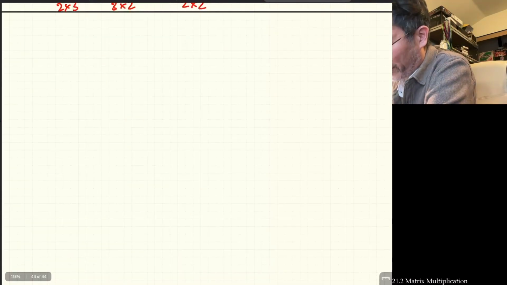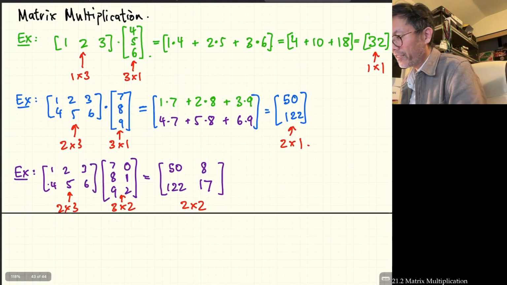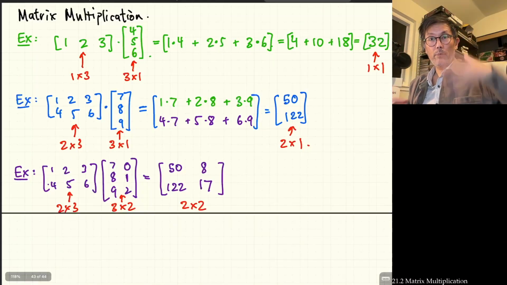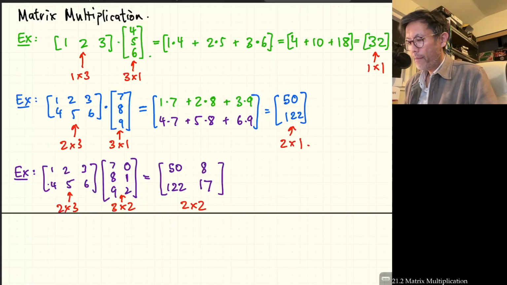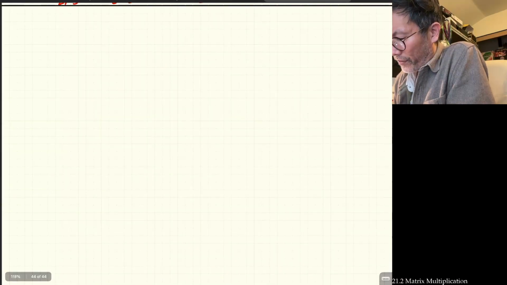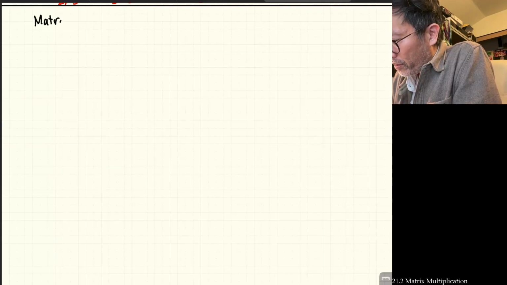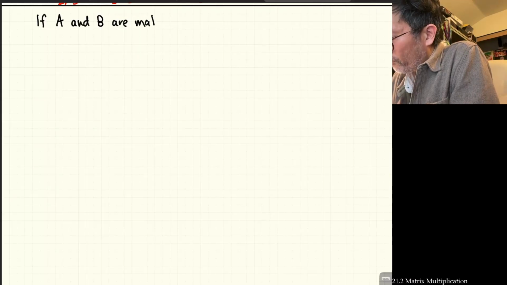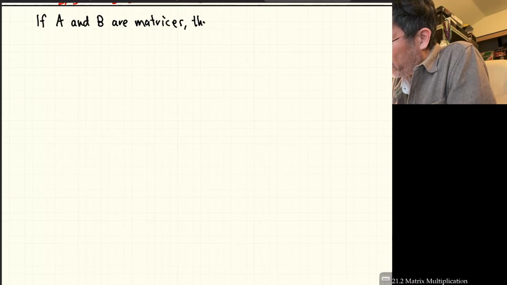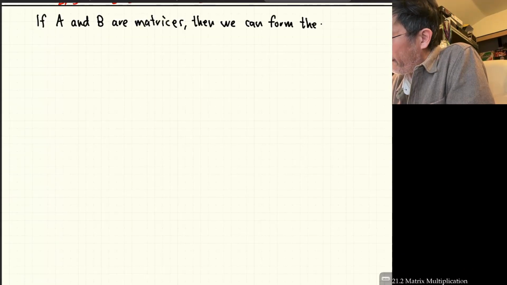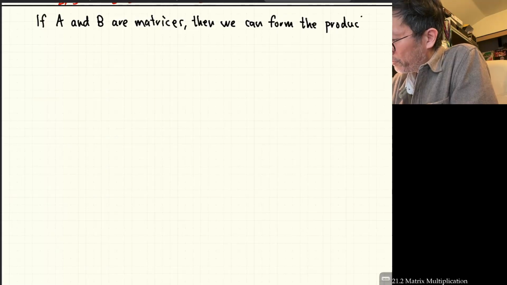So, to summarize all of this, and you should scrutinize these examples because you're going to be doing this operation quite a lot in your life, I'm going to write the following fact about matrix multiplication. If A and B are matrices, then we can form the product, which is the result of matrix multiplication, AB.